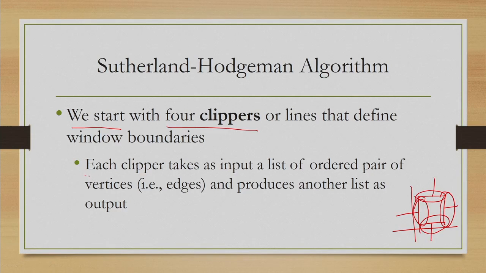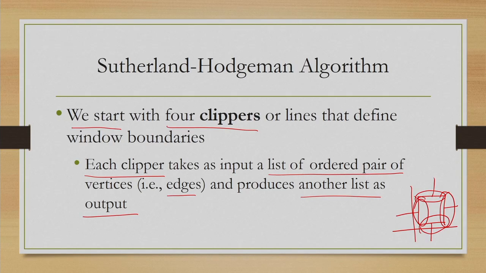Now, each clipper takes as input a list of ordered pair of vertices, which essentially indicate the edges. Each pair of vertex indicate the edge, and from that input list it produces another list of output vertices.